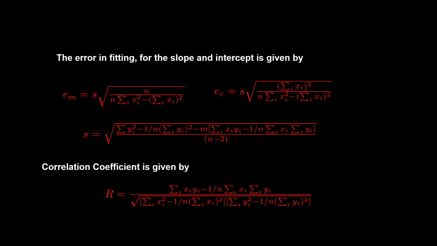The error in fitting for the slope and intercept is given by this, and how good or bad your fit is, is determined by the coefficient called the correlation coefficient r. If r is equal to plus or minus 1, then your fit is excellent, and your fit should be appreciably good if the value of r is close to 1.